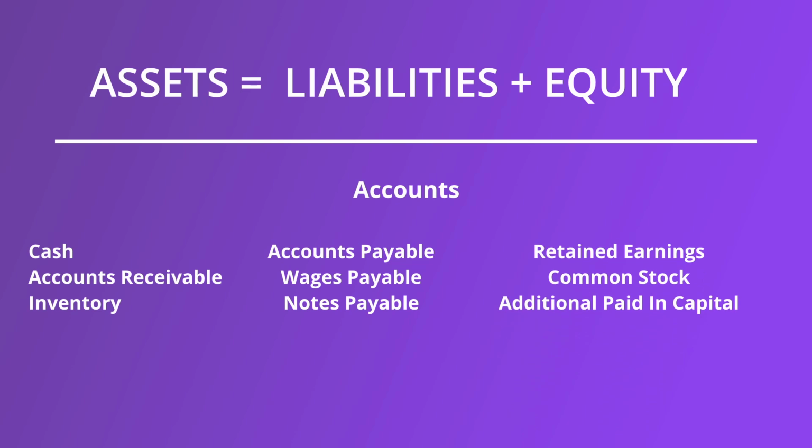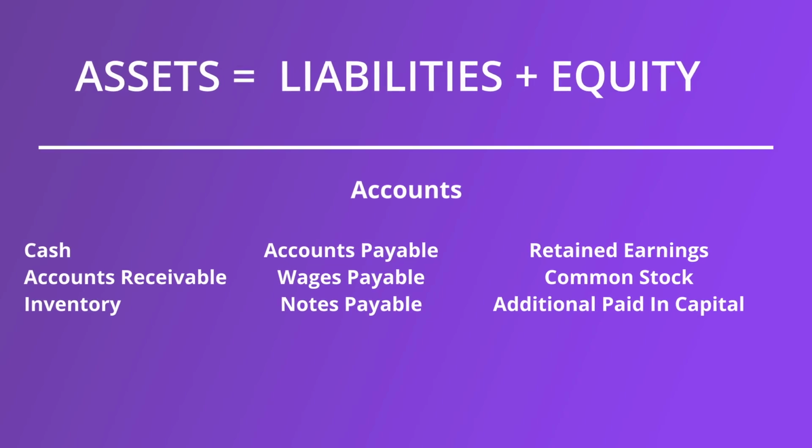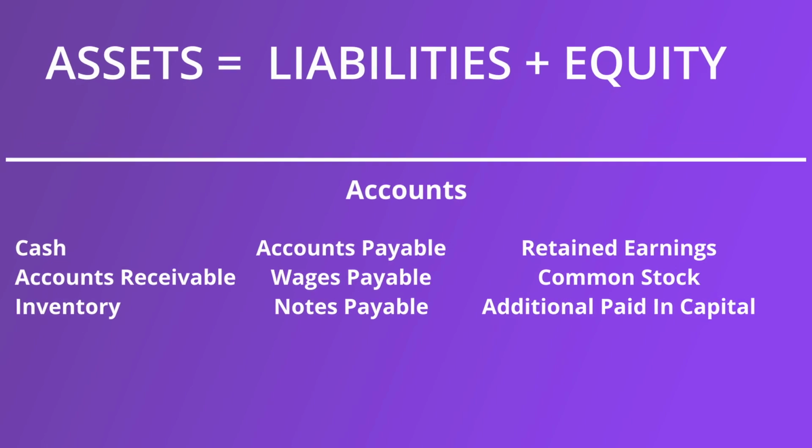This is helpful to know because as we introduce debits and credits, what they really are is just terminology to increase or decrease accounts. We're going to look at the mnemonic in just a second, and it's going to help you remember if the debits or credits are going to increase or decrease the accounts.